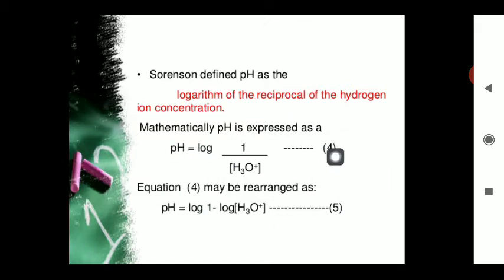This equation can be rewritten again. pH is equal to log 1 minus log H3O positive ion concentration. This is the fifth equation, which can be useful to determine the pH concept.